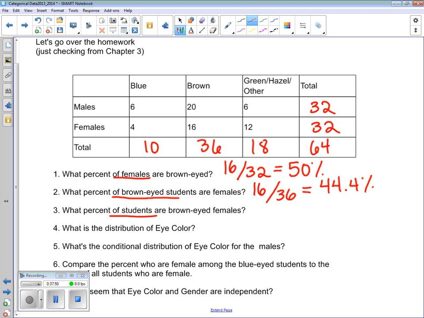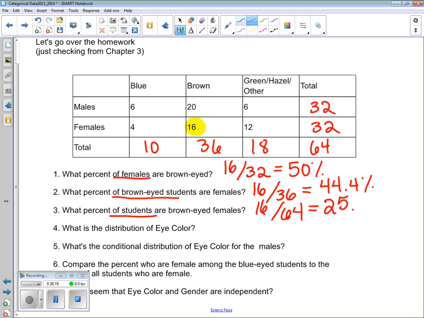So of students means I'm dividing by 64. And then we're looking at brown-eyed females, so we're looking at 16 divided by 64. And when we do that division, we get 25%.